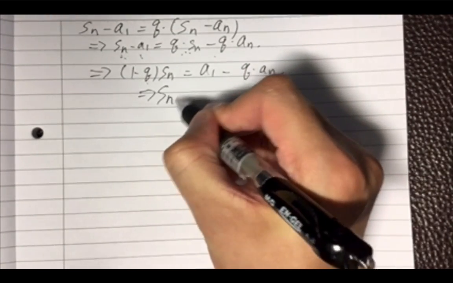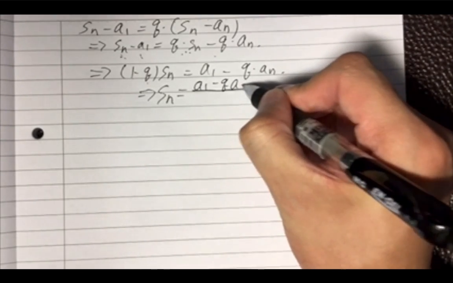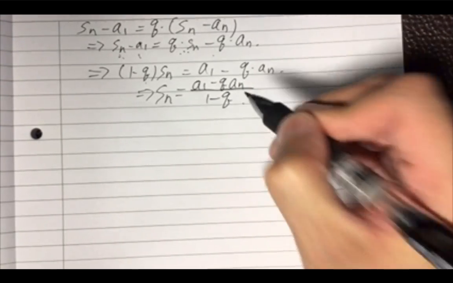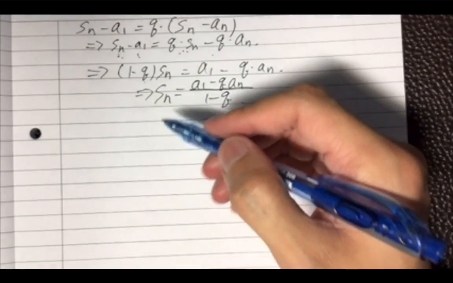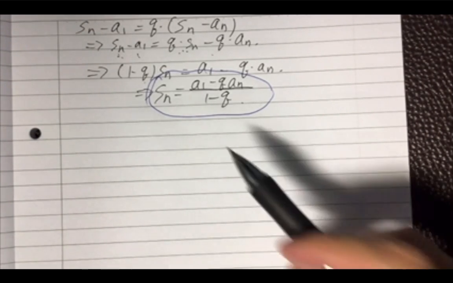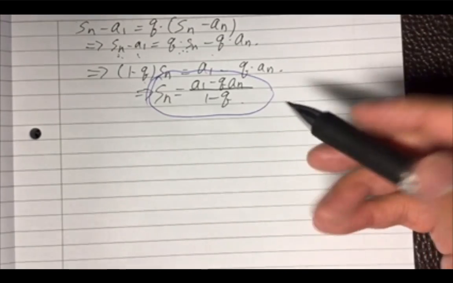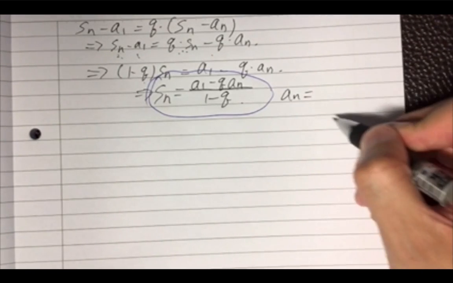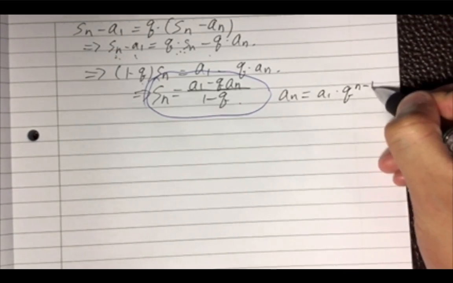So Sn will be (a1 minus q times an) over (1 minus q). Wow, it's much more specific than before. That's what we need. So with this relationship, oh yeah, we still have to get this an. What is an? an is a1 times q to the power of n minus 1, right?